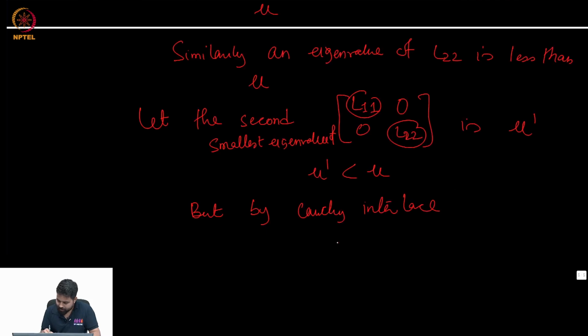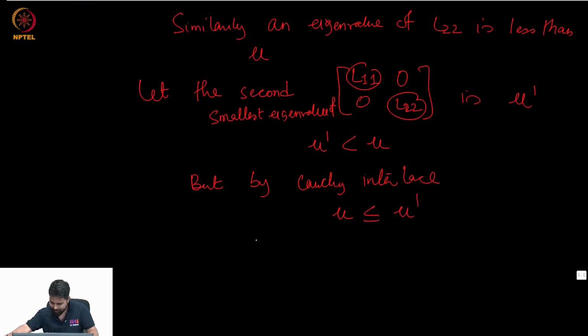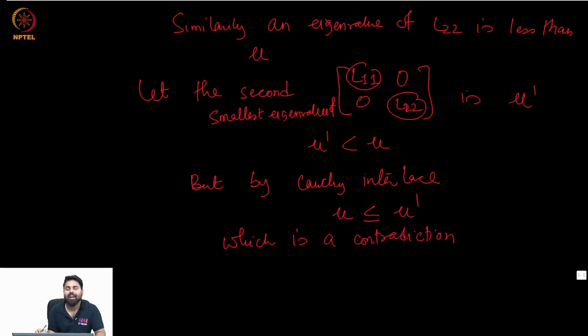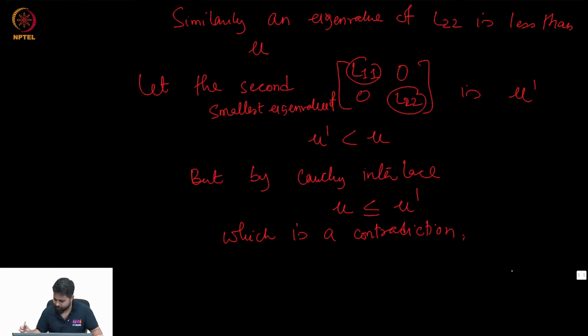So by the interlace theorem, mu is less or equal to mu dash, which is again a contradiction. Hence our assumption was that V plus is disconnected. So this claim is wrong, hence V plus has to be connected.